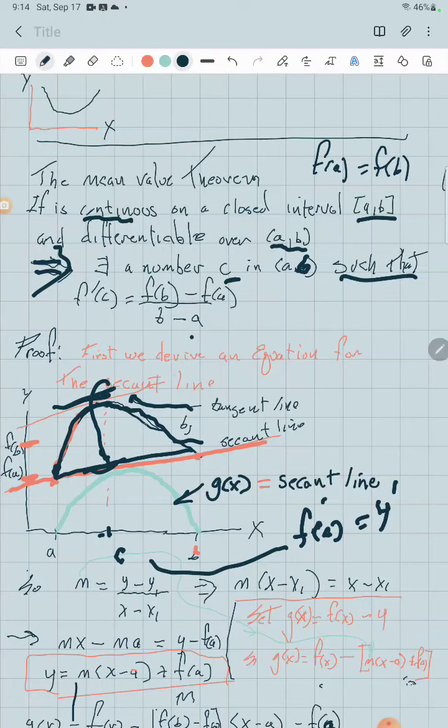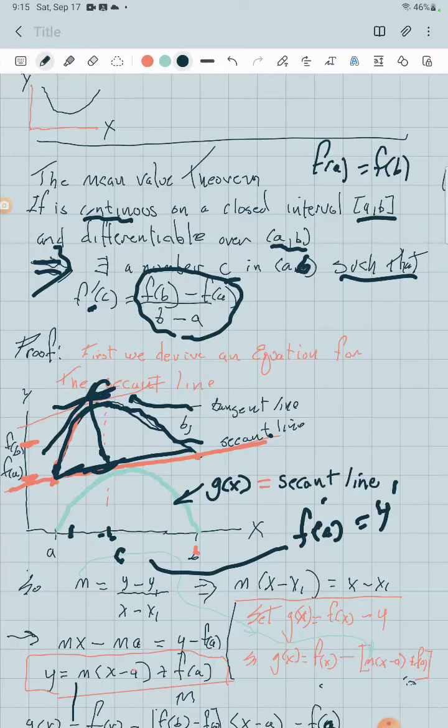So we're saying that this is simply an average slope. So the slope of the secant line is going to be equal to the slope of the tangent line. There is going to be a c, right? If we pick a c here, then this slope's the same, but it's not the same slope as that. You get it? Now, the proof is kind of interesting.